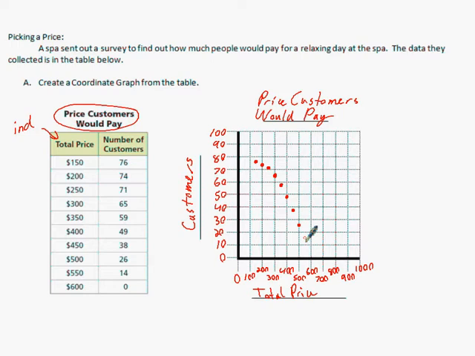And it's not going to let me put a dot there. 600 is 0. And there, that's my dot. All right, so price customers would pay. Let's go ahead and connect these. And there's our graph. Looks a little bit different than ones we've been doing up to this point, and there's a reason for that. We're going to see that in a minute.